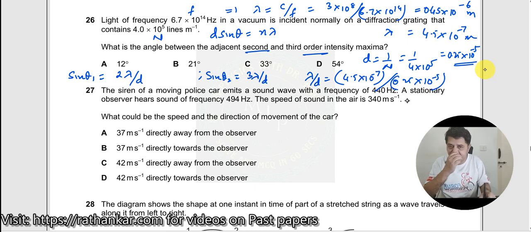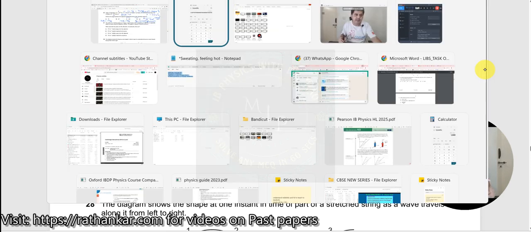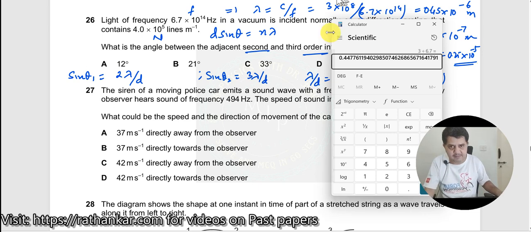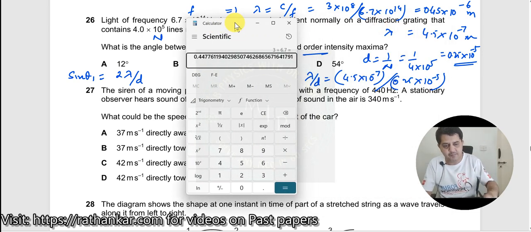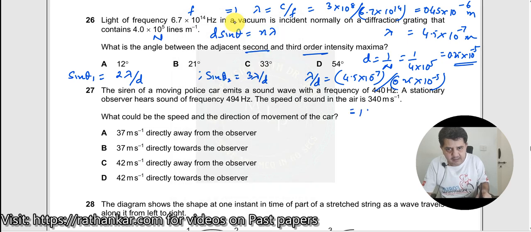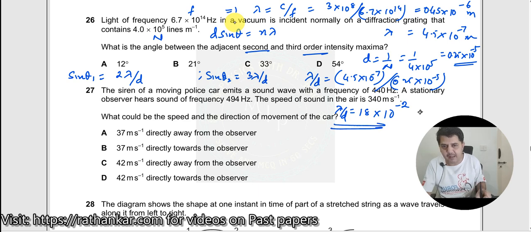When I do this, how much do I get? 4.5 divided by 0.25, I get this as 18, into 10^-7 divided by 10^-5. When it goes upwards, it becomes 10^-2. This is nothing but λ/d, which is equal to 0.18.